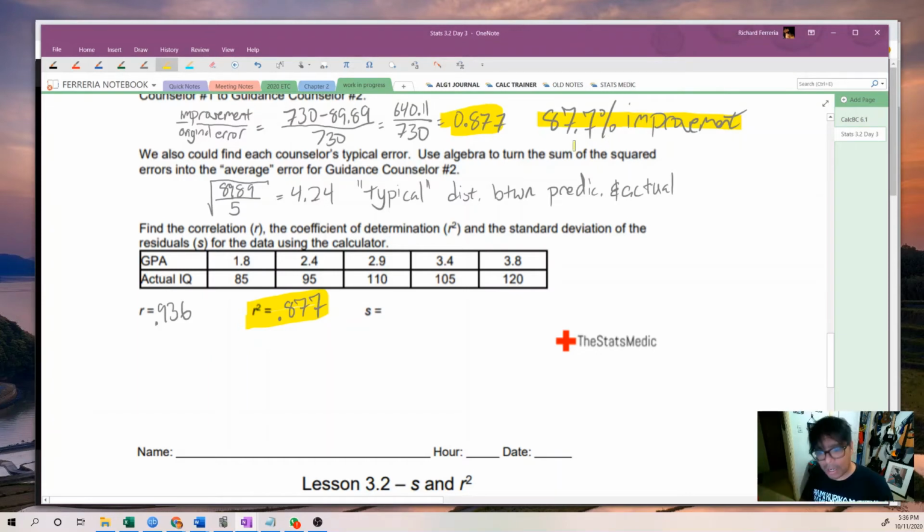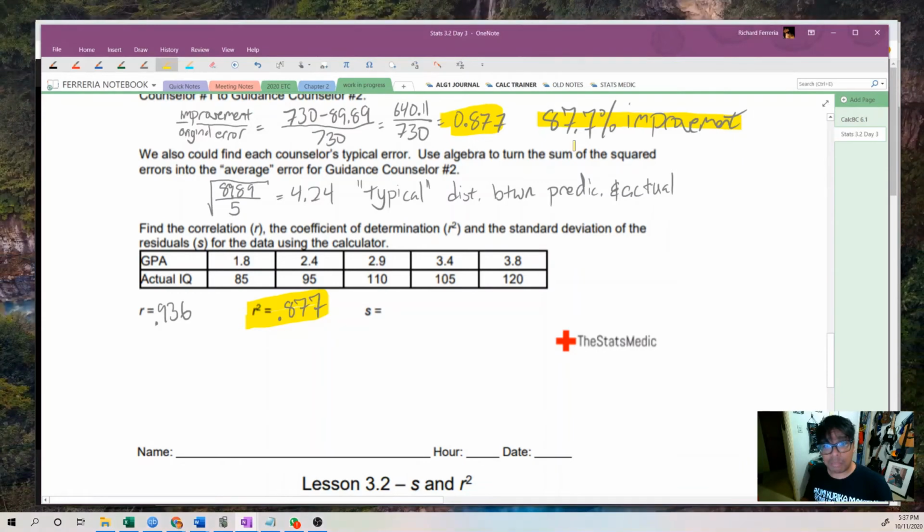I totally forgot that the calculator doesn't actually give you a value of s, which isn't really a problem. The value of s would mostly be given to you with one of those printouts that you see a lot in AP Stats. But one way to get that value of s really easy is just to go to Statcrunch. So I'm going to take it to Statcrunch right now.